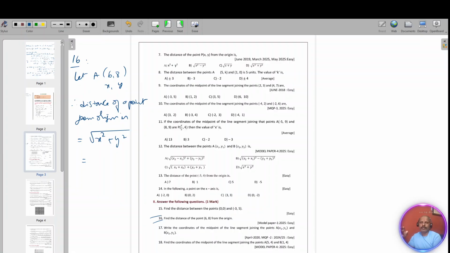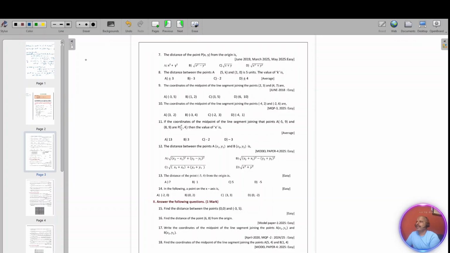Remember, the 15th and 16th questions are the same, but observe the change. The distance formula between 2 points we applied in the 15th question. Now it is the distance of a point from the origin we are applying. So 6 square plus 8 square, which is 36 plus 64, that is 100, that is 10 units. Simple question.